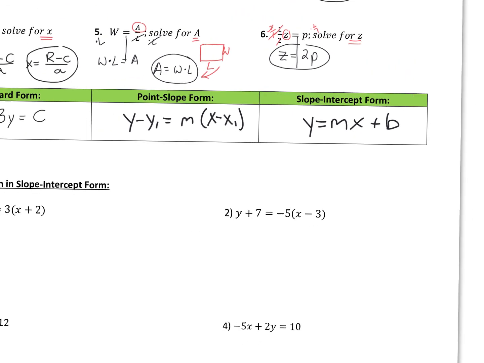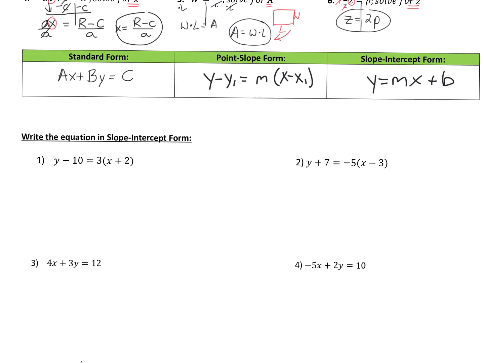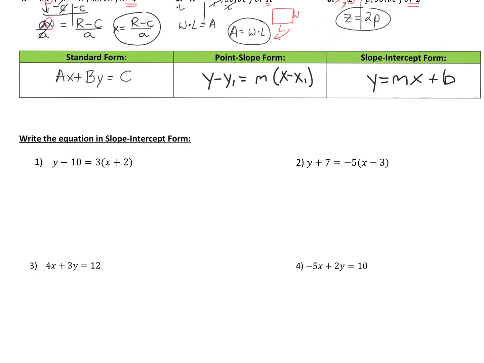So now let me ask you a question. If you had a choice of which one of these you prefer, which one would it be? Would it be standard form? Would it be point slope form, slope intercept form, or, yes, I will give you an option, none of the above? I get it. But if I had my choice, I actually prefer point slope form.